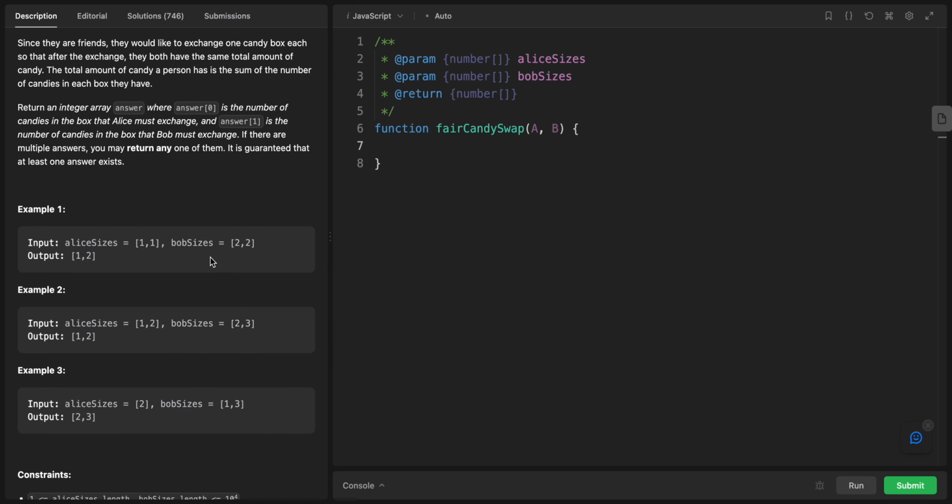Since they are friends, they would like to exchange one candy box each, so that after the exchange they both have the same total amount of candy.